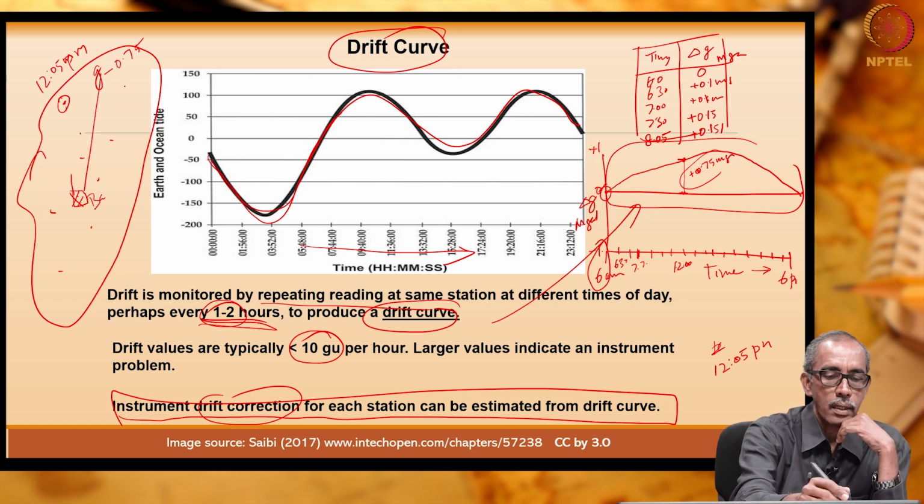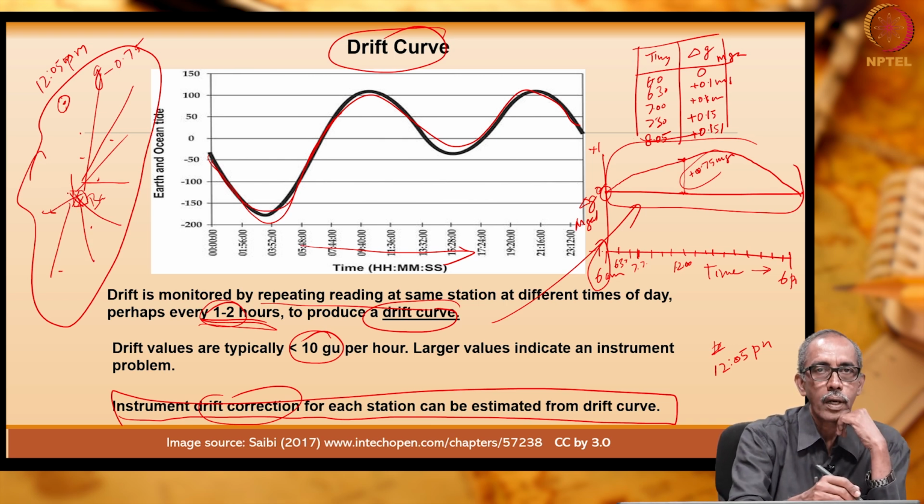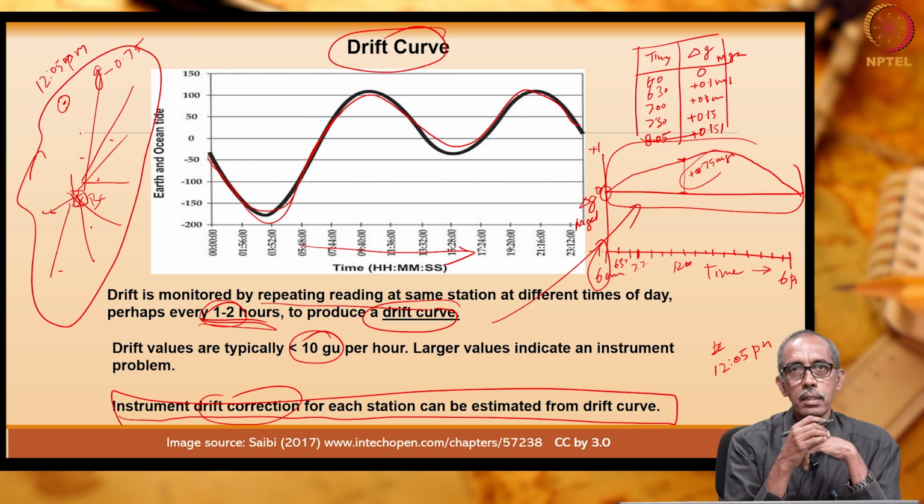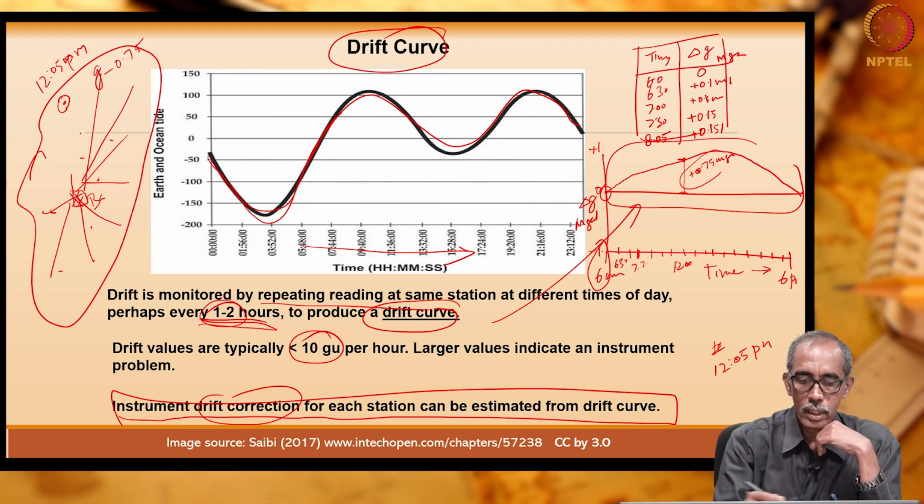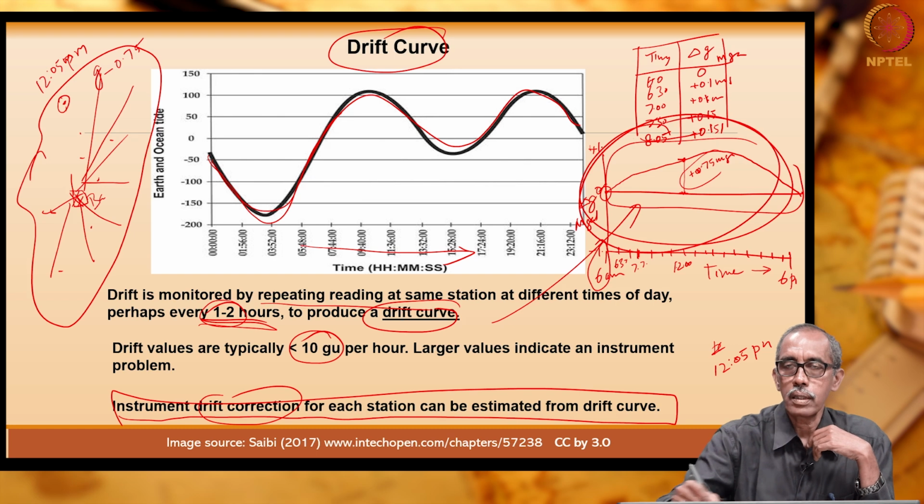Visit the base station every 20 or 30 minutes, or at least every half an hour, right. Every half an hour or 1 hour you would have made the measurement of gravity, using which you will prepare the drift curve. This curve is prepared based on that.